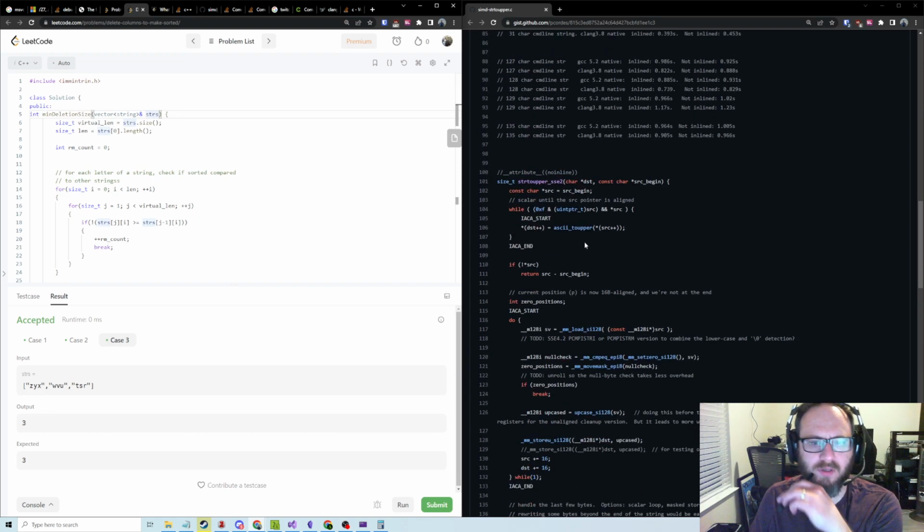So how is he doing the 16-byte alignment check? So 0xF, F, F. This is all ones and so this right here is the alignment check.